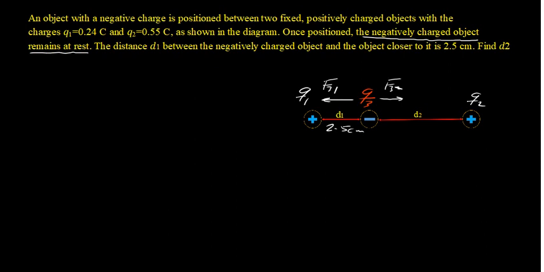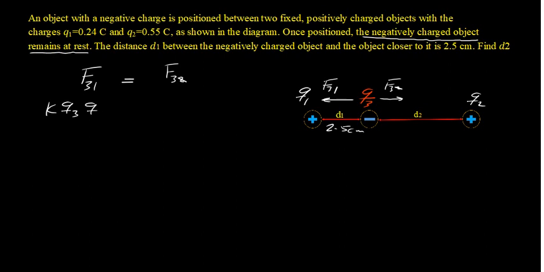They have to be equal in magnitude and opposite in direction. And that will be the start of answering this question. So I will say the force on 3 because of 1 equals the force on 3 because of 2.